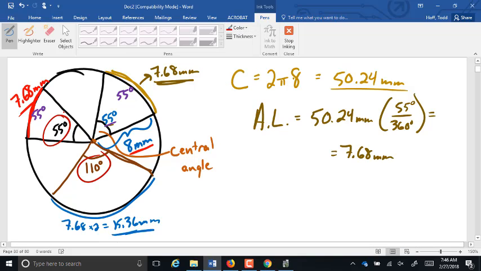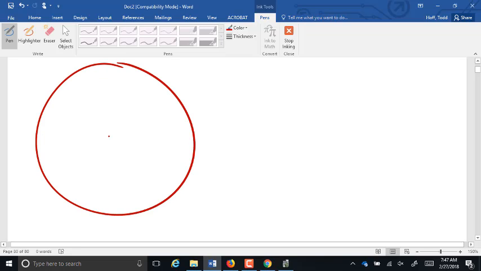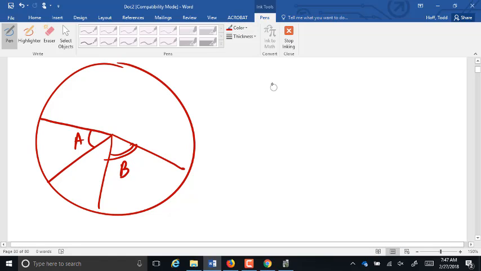Because 110 is double 55. Within the same circle, or again, between circles that have the same radius, if I am comparing, I'm just going to call this arc A and this arc B.